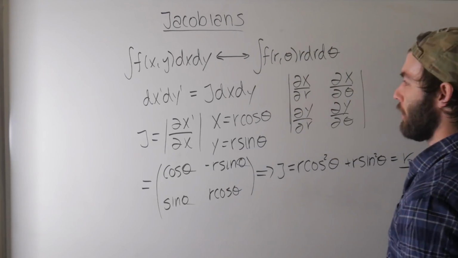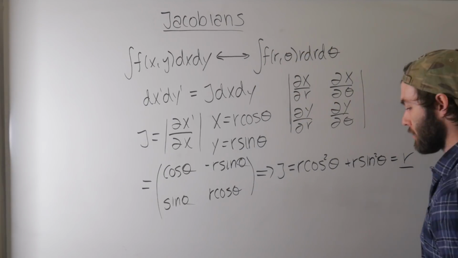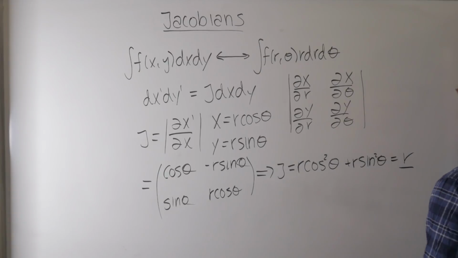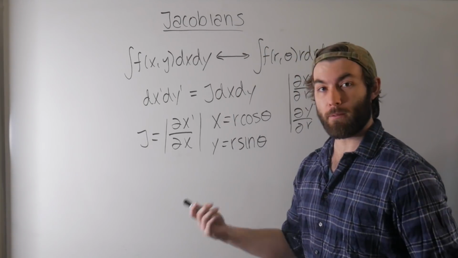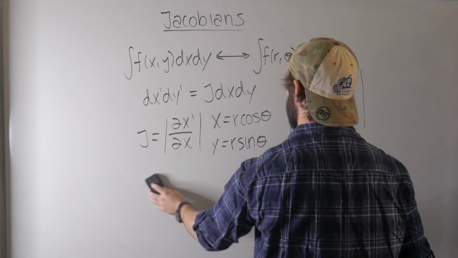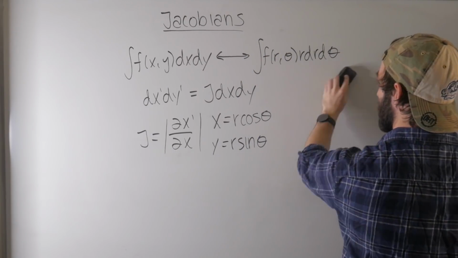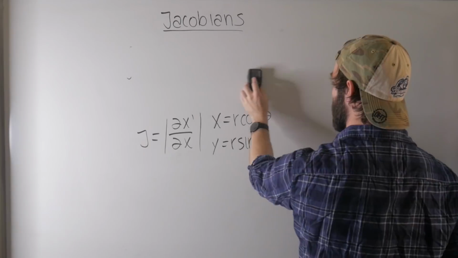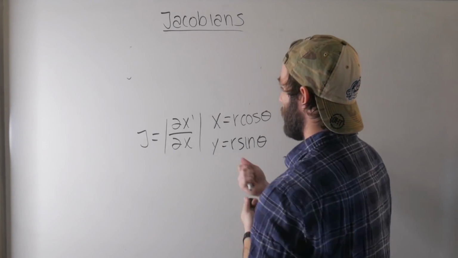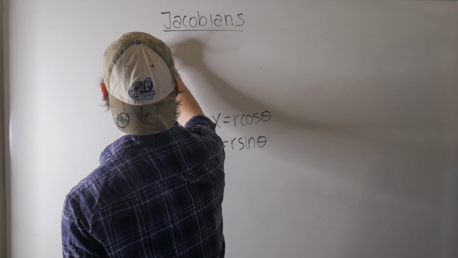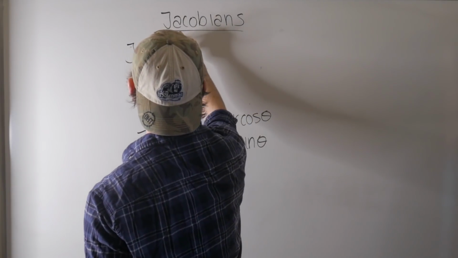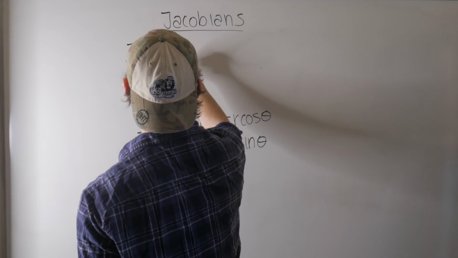Now, we're taking our new coordinates with respect to the old ones. There's got to be a way of relating this Jacobian to the metric tensor. Now let's see how we can do that by looking at the transformation rule for the metric tensor. So J is equal to the determinant of dx' over dx.